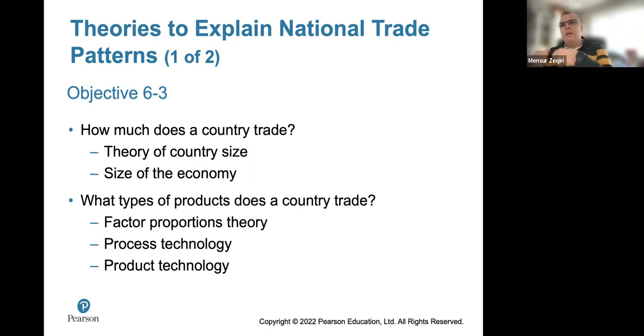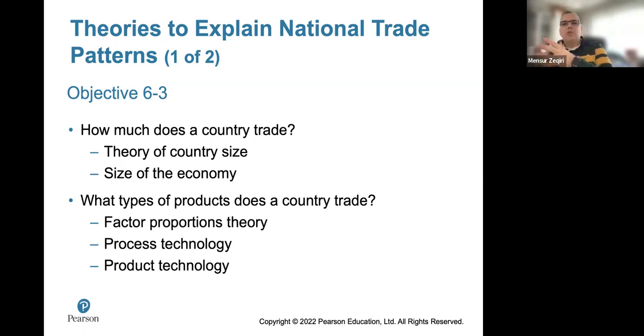However, they do not deal with trade patterns, things like how much a country trades, what kind of products the countries trade, and who will be the trade partners of these countries. Some of these theories explaining national trade provide an answer to how much these countries trade, who their trade partners are, and what kind of products they trade.